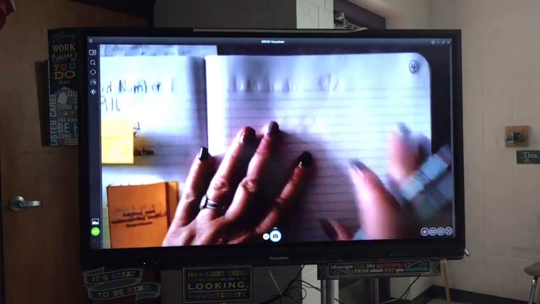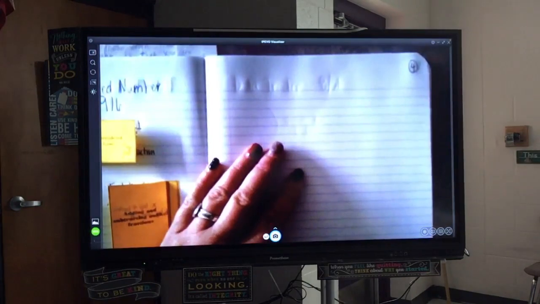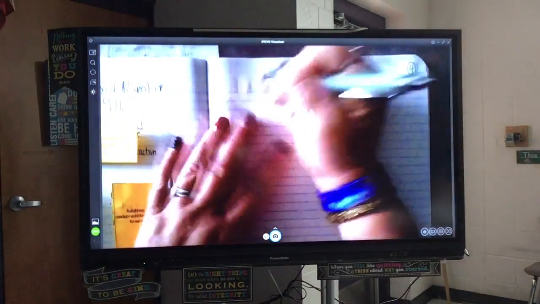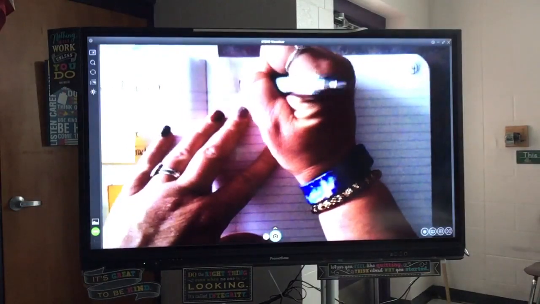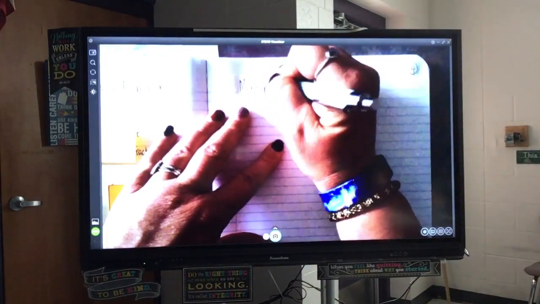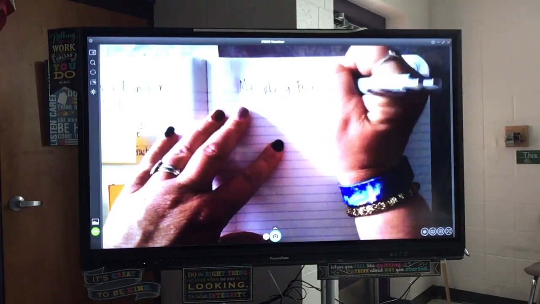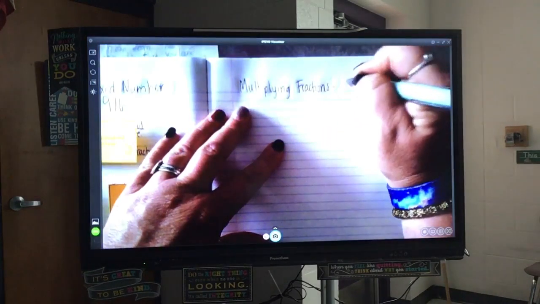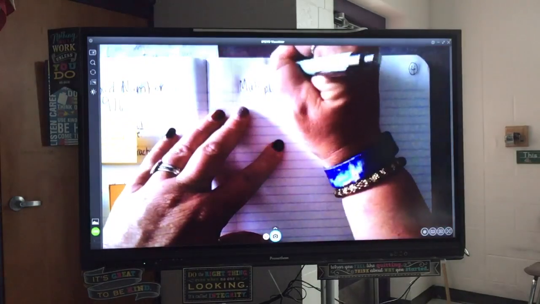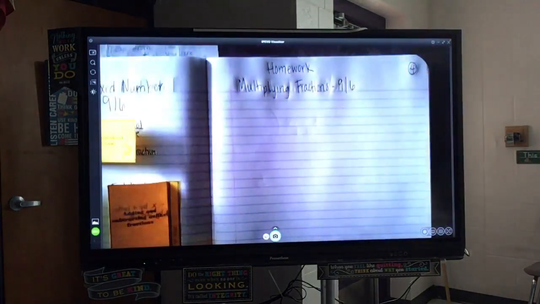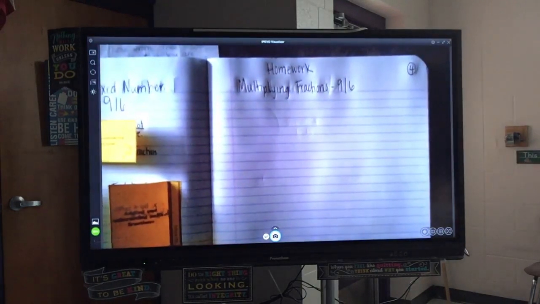Slide over to the next page, which should be page 4 for you guys. All right, and tonight, your homework, you're going to be practicing multiplying fractions. Now, you must show your work.